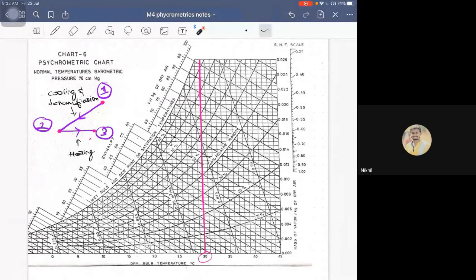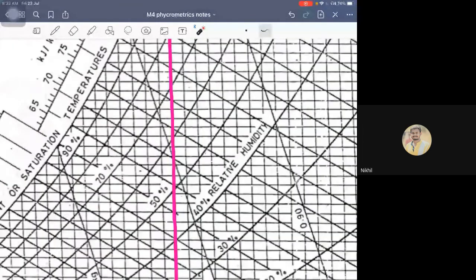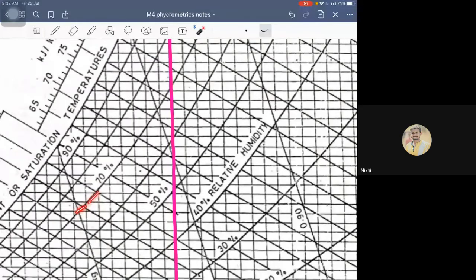75% RH. Do I have a darkened line for that 75% RH? If I just zoom in here, what do I have? I have a 70% line. Next, this is 60%. This is 50%.